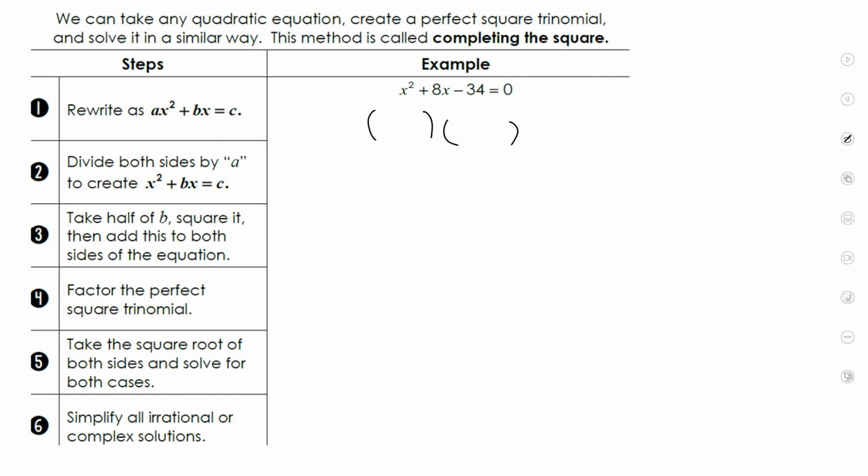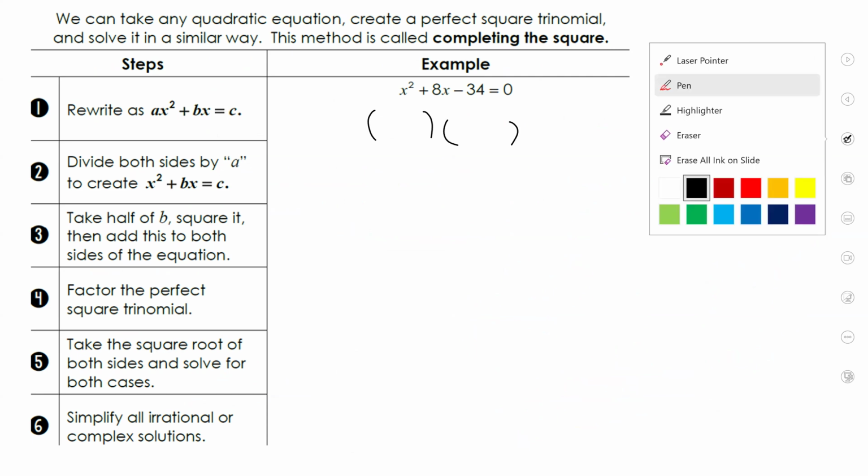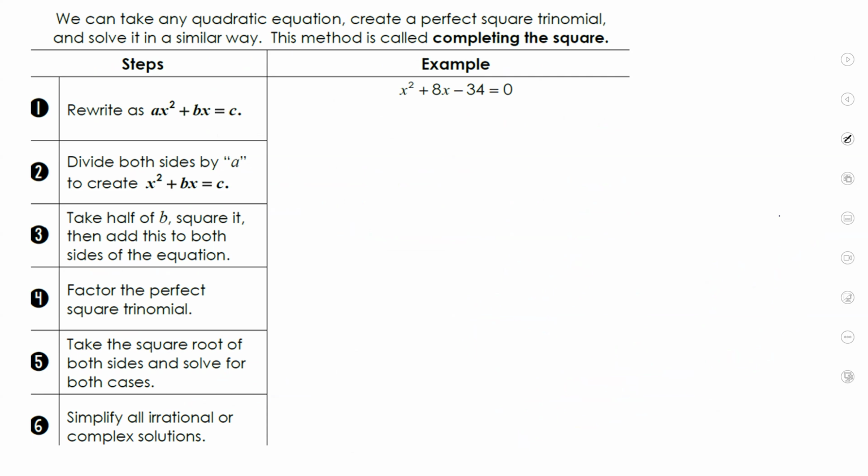So what we're going to do this time is create the perfect square. Step 1, we're going to move the c value to the other side. So step 1, we're going to rewrite it as x squared plus 8x equals 34. That's your first step.